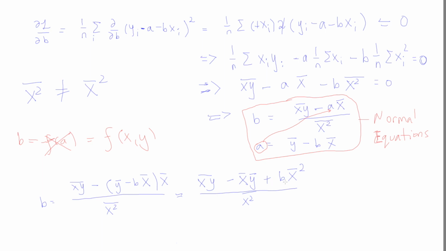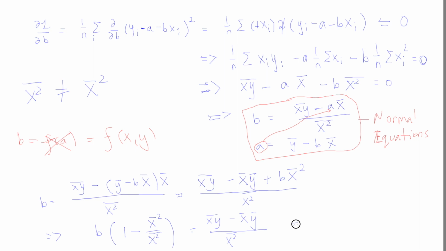Now you have b on the right hand side, the left hand side, you can move it over. You should get x bar squared over x squared bar equals xy bar minus x bar y bar over x squared bar.